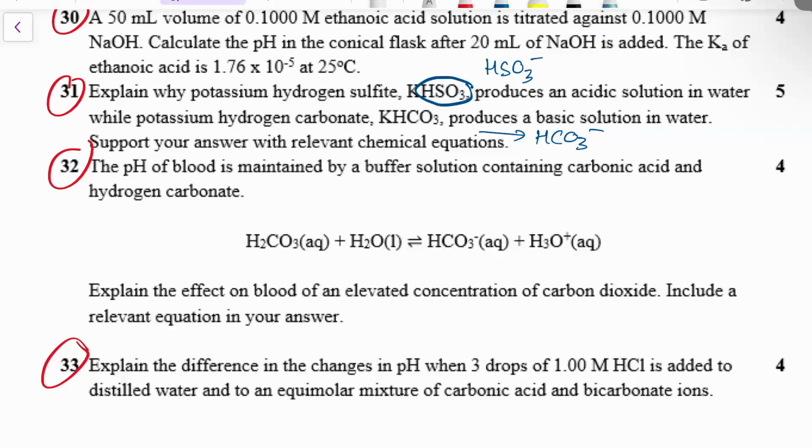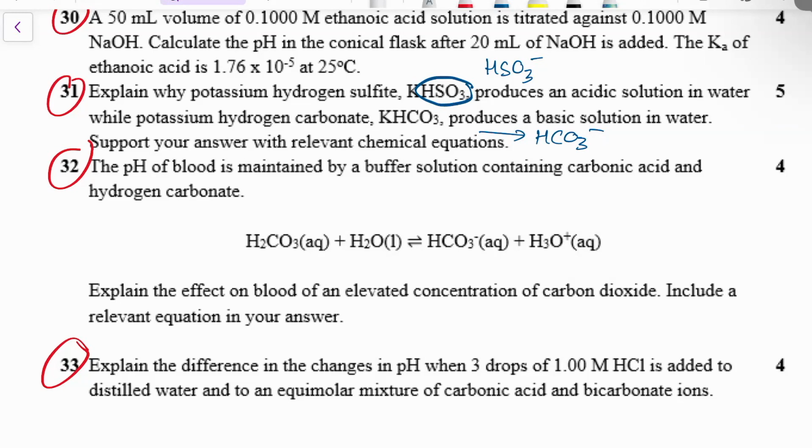This is a buffer question. Now, just keep in mind that a buffer resists changes in pH. So certain definitions that are very clear cut, you want to always include. This is a double arrow, so this is an equilibrium concentration question. And then the only issue is an elevated concentration of carbon dioxide.